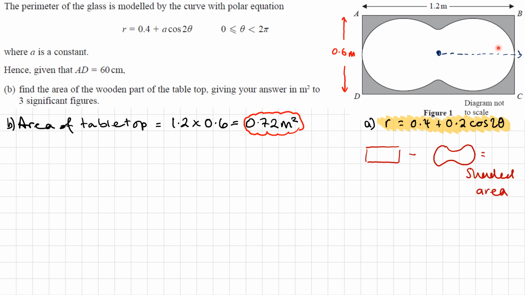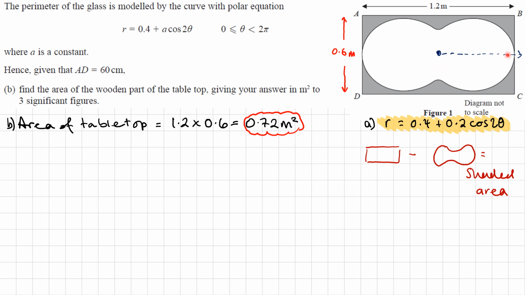I could use limits from 0 all the way to 2 pi and find the complete area, or I could use limits of 0 to pi, which gives me half the area, and then double my answer. Or I can use limits from 0 to pi over 2, which gives this quarter area here, and then multiply by 4. I could do any one of those methods.